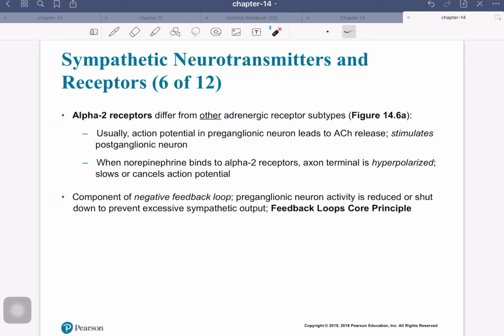And this will slow or even stop an action potential from influencing the preganglionic to release neurotransmitters to affect the postganglionic. And why does it exist? Well, it's part of a feedback loop that the preganglionic neuron activity is reduced or really shut down to prevent the sympathetic output from being too excessive.